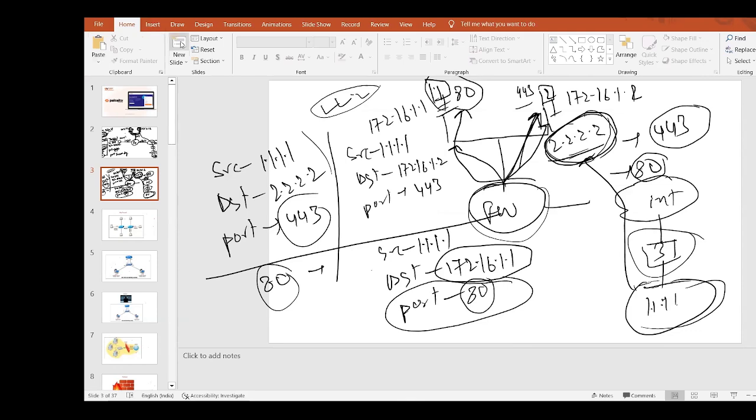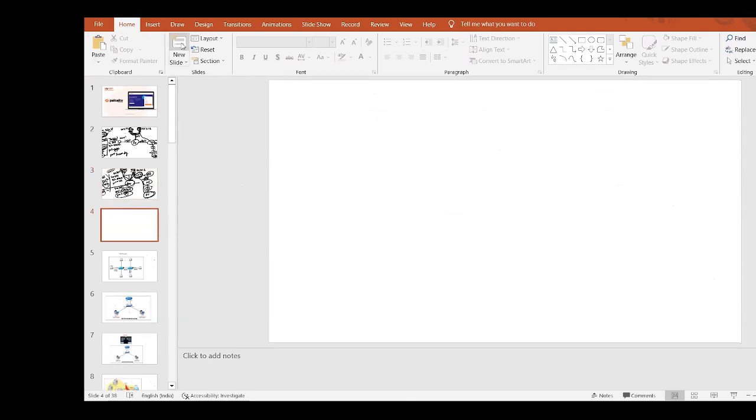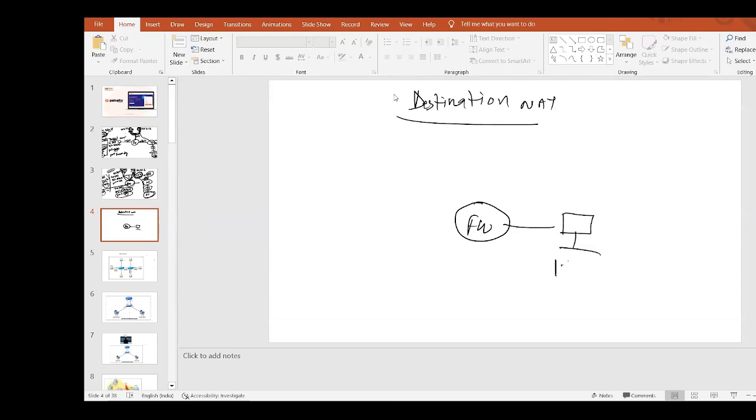So simply, for the destination NAT, just learn the basics: it is just like a static NAT only. Same example: if you have a firewall, this is my internet, 1.1.1.1 IP.